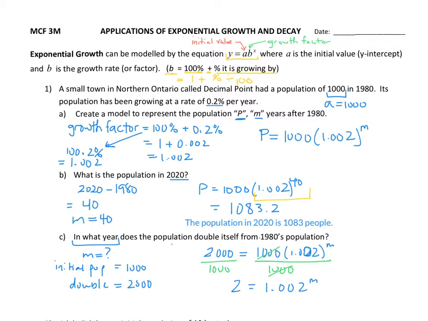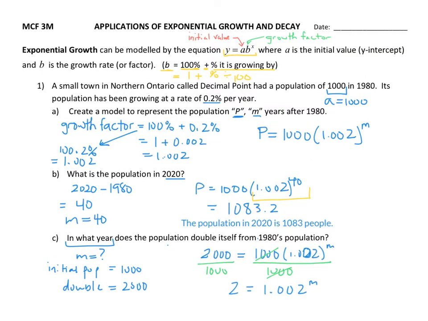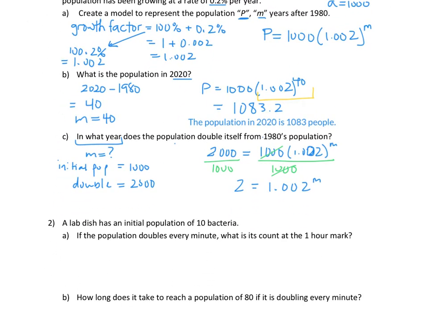So by guess and check, if I let m equal 350, I got about 2.01. So I did 1.002 to the 350, and I got about 2.01. That's really close. So I could try 1.002 to the 345. I got 1.99.